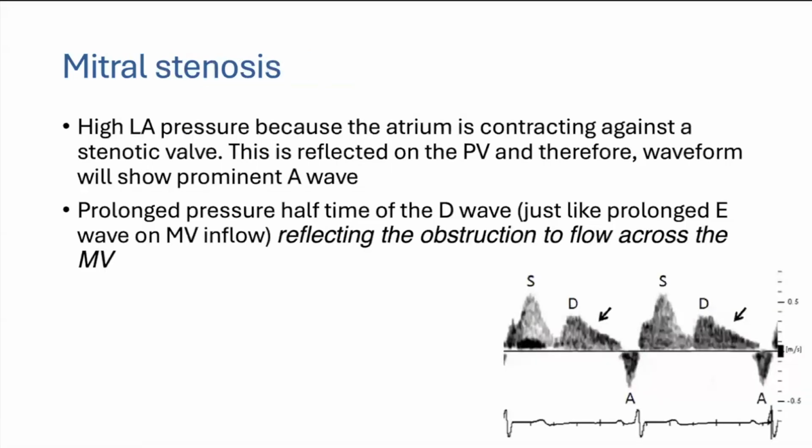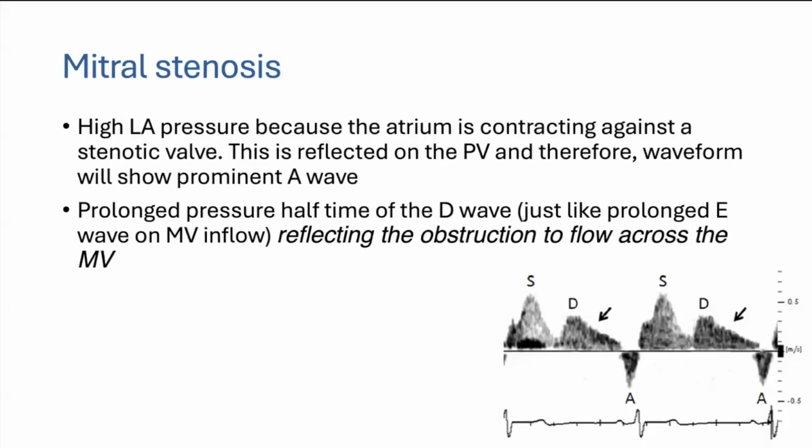Okay, moving on, mitral stenosis. Mitral stenosis is very straightforward. Because of the narrow mitral valve, you have a very low volume of movement of blood. So first of all, you have low or blunted waves to begin with. Second, the diastole is long because the left atrium is trying to pump against the stenotic orifice.